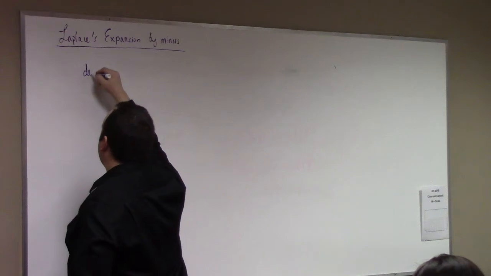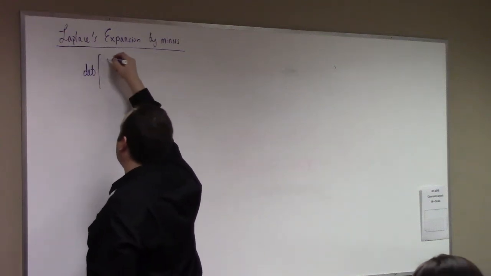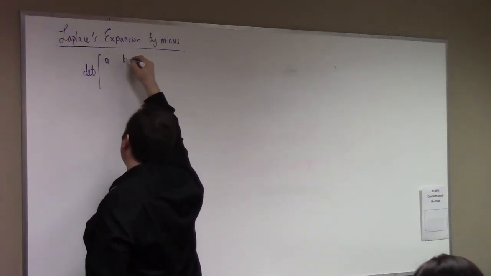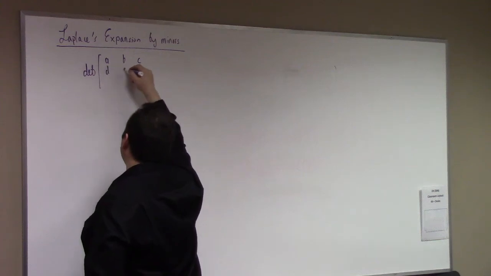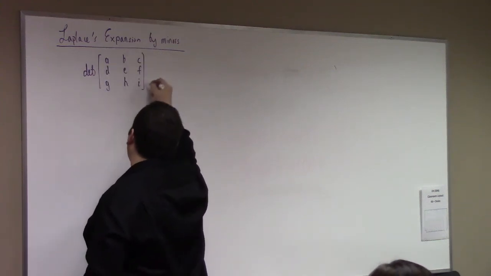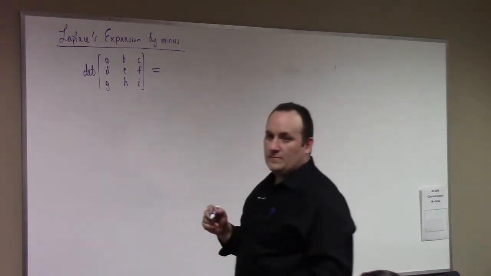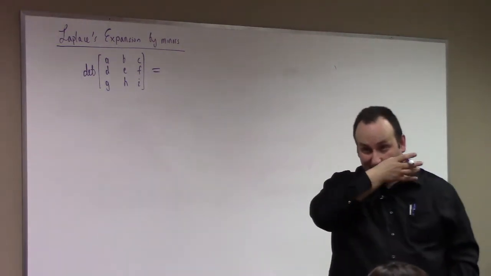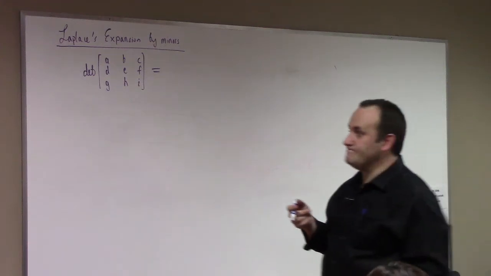So the determinant of, let's say, A, B, C, D, E, F, G, H, I. I'll show you Laplace's expansion by minors across the top row.